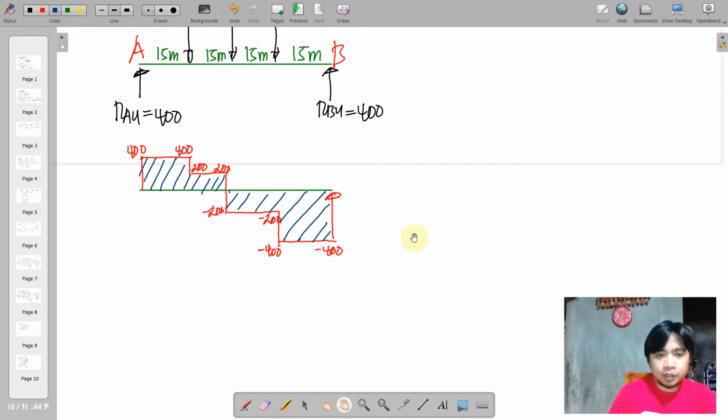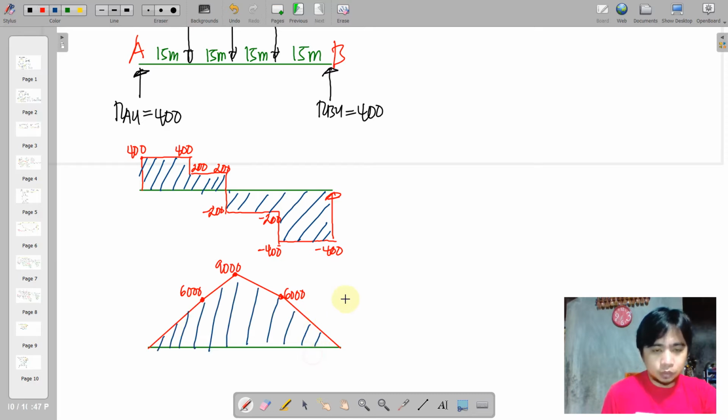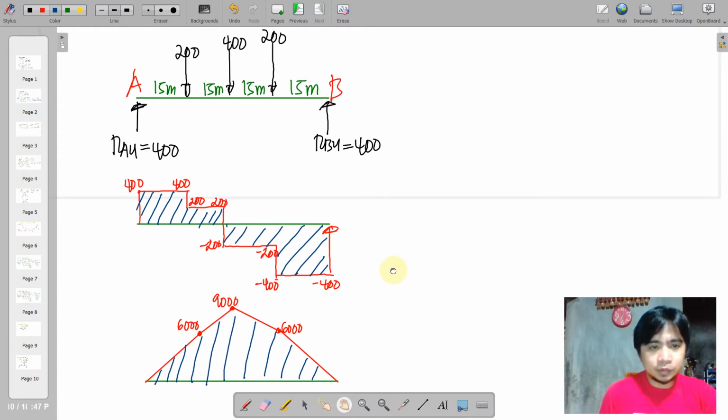And then for the moment diagram, we first compute 400 by 15, and I think this shall equate to 6,000, and then add further 200 by 15 positive area. We have the 9,000 value, and this will just have a symmetrical configuration. So this is now our moment diagram.